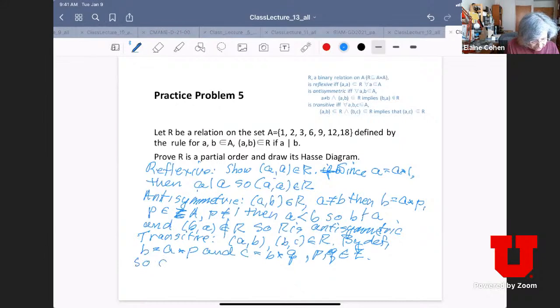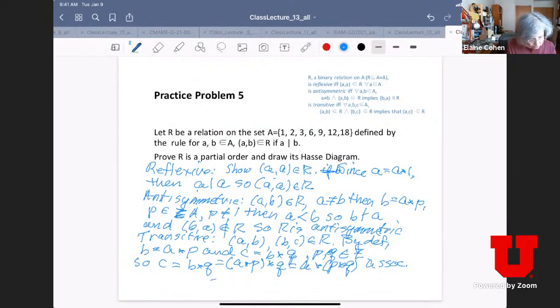So C is equal to B times Q, which is equal to A times P times Q, where we simply substitute an equality. That's equal to A times (P times Q), and that's by the associative law.